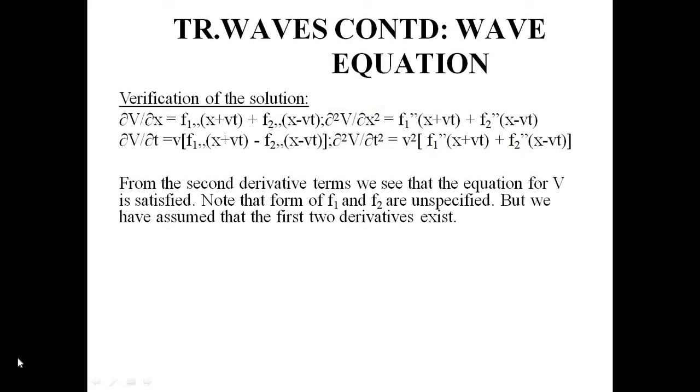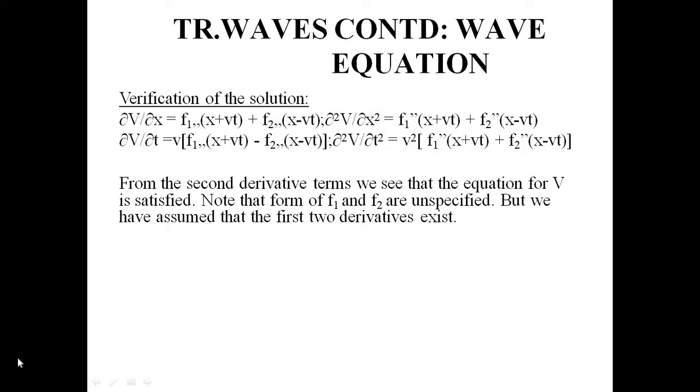Verification of the solution. Dou V by dou x is equal to F1 dash (x plus v t) plus F2 dash (x minus v t). Dou squared V by dou x squared is equal to F1 double dash (x plus v t) plus F2 double dash (x minus v t).